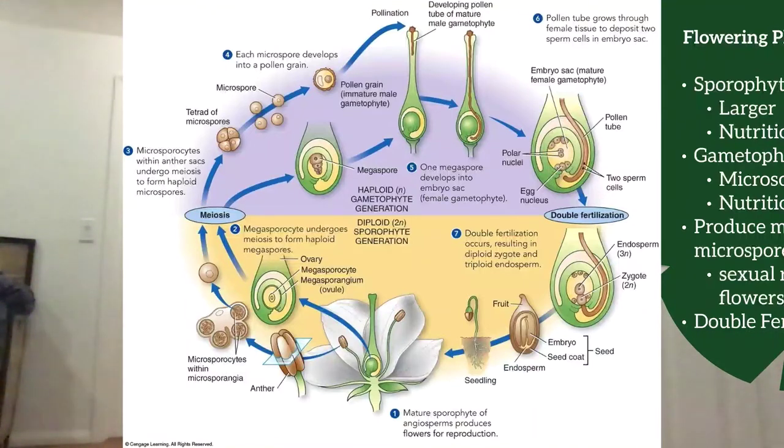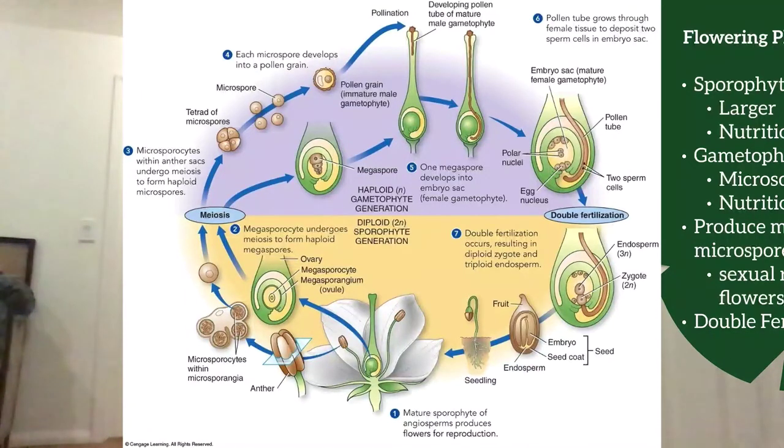The megasporocytes undergo meiosis, and they form the haploid megaspores. All of this occurs. The megasporocyte, another word for that, is the ovary. So again, those divide by meiosis.